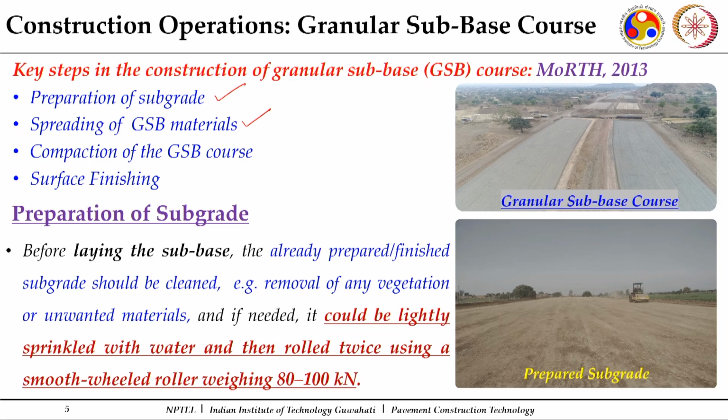The third exercise relates to the rolling or compaction of these layers to achieve the required density. And finally, a finished surface, with any minor rectifications required, is to be done before we proceed with the construction of the next layer over it.